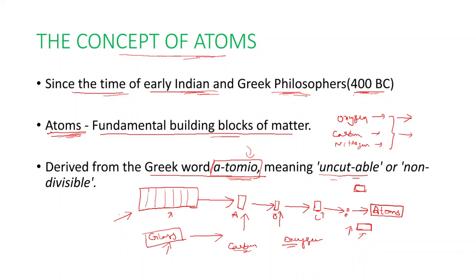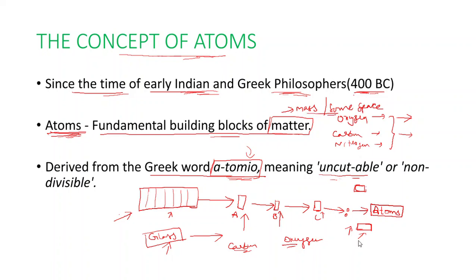And atoms are the fundamental building blocks of matter. Let me also tell you the meaning of matter. What is matter? Matter is anything that has mass and occupies some space.